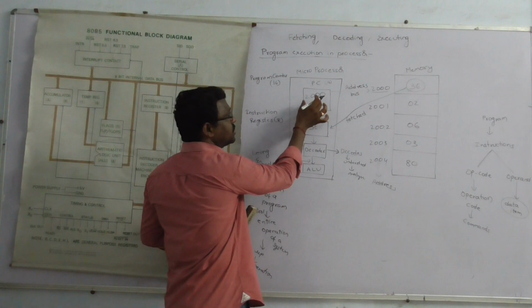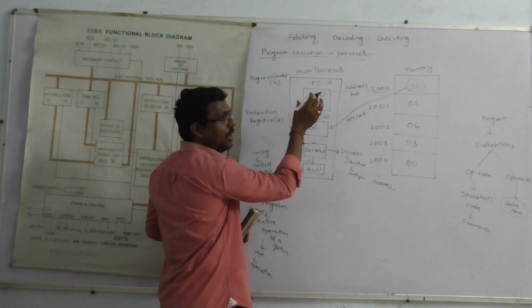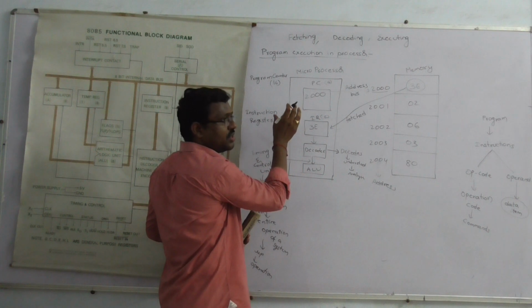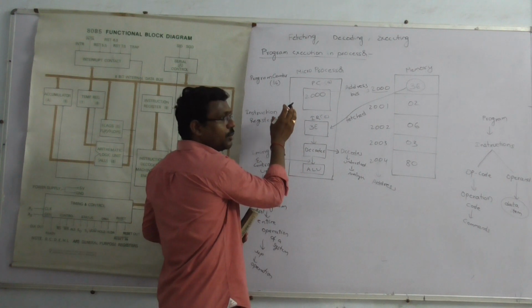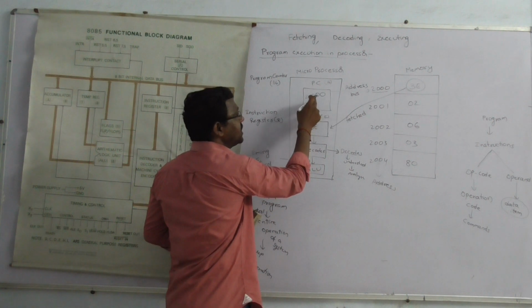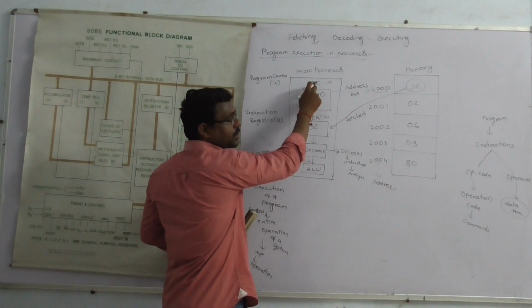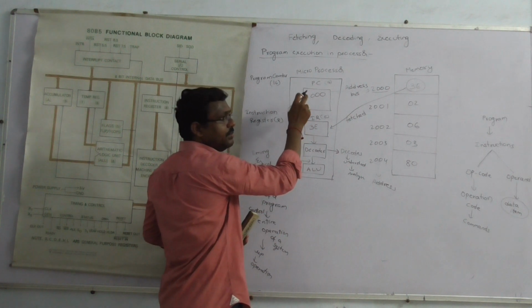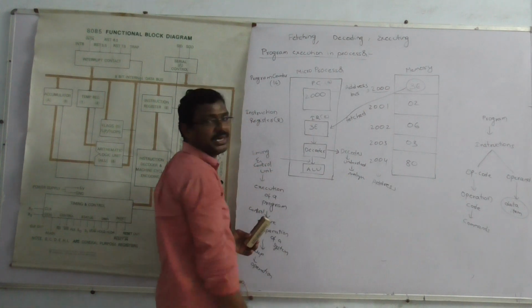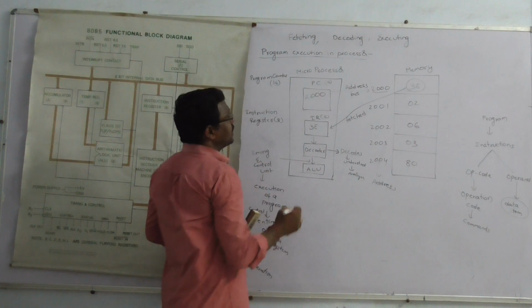The program counter stores the memory address of the next instruction to be executed, before the execution.